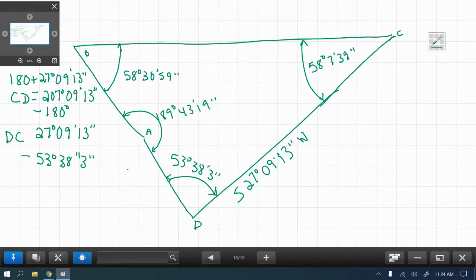But again, if I say 27, I add 360. Okay, now I'm going to subtract my angle because we're going clockwise. So you subtract when you're going clockwise.